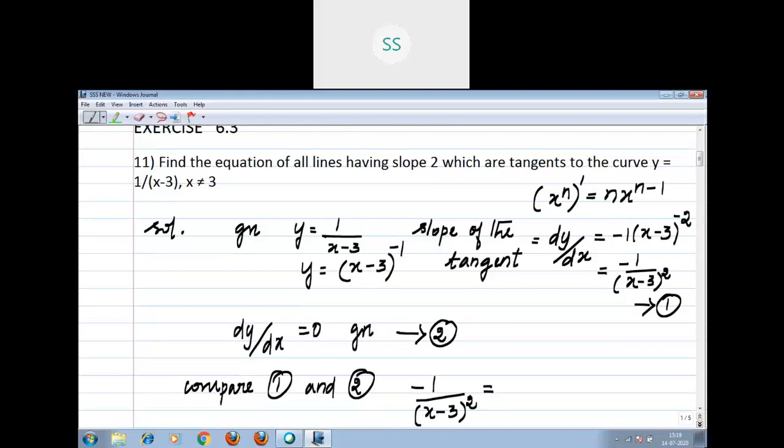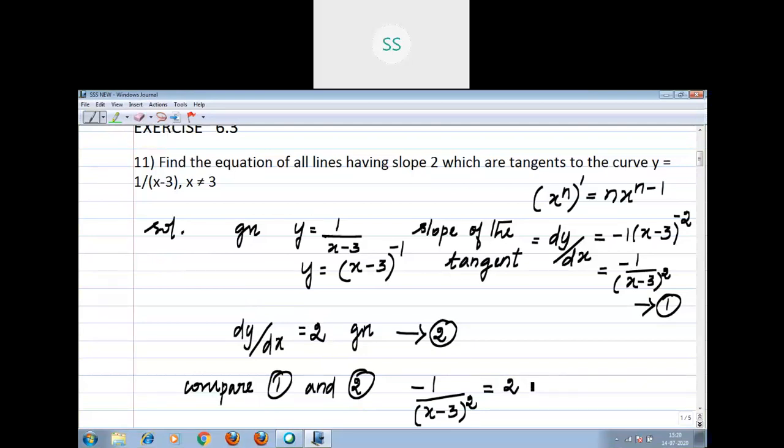The slope is given as 2, right children? Dy by dx equal to 2, right? Now we are going to equate.